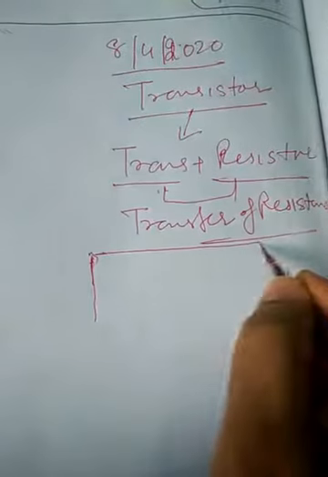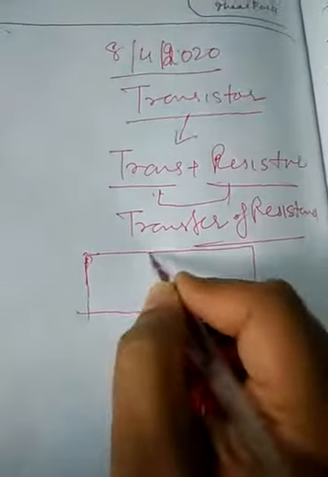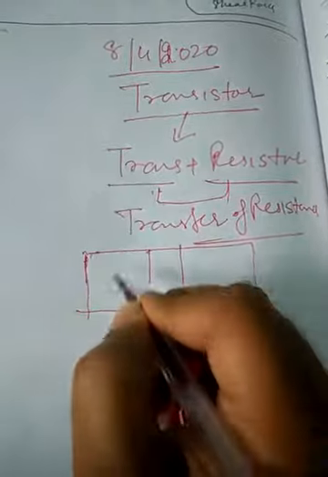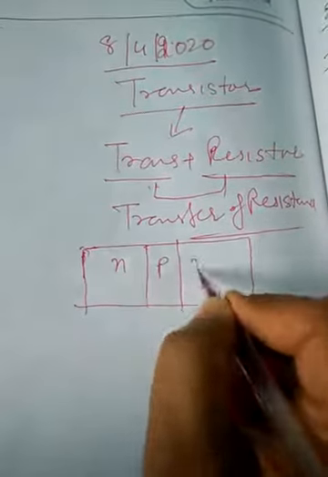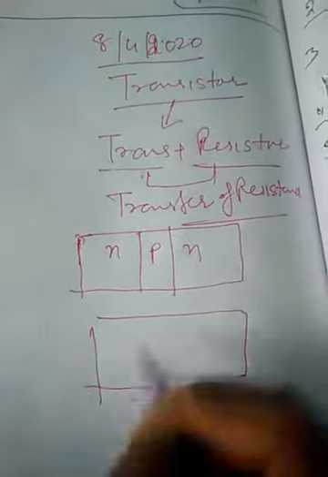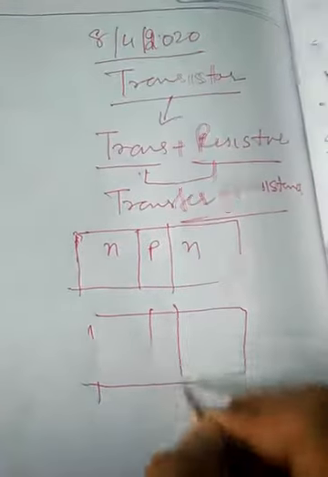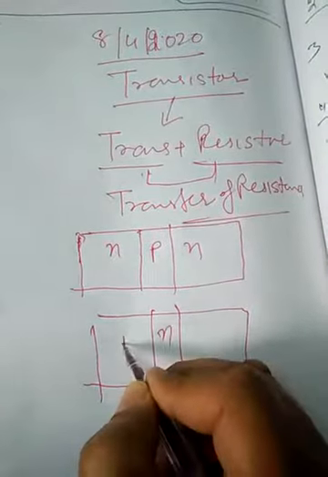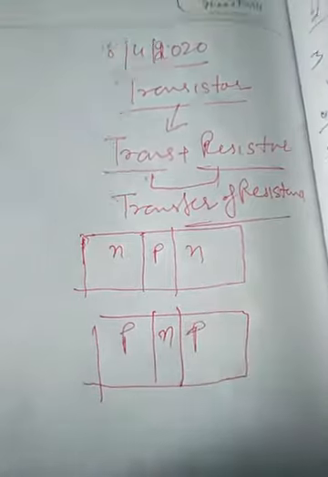It is either made up of two N-type semiconductors sandwiched with a P-type, NPN, or two P-type semiconductors sandwiched with an N-type, PNP. So it is either a PNP or NPN transistor.